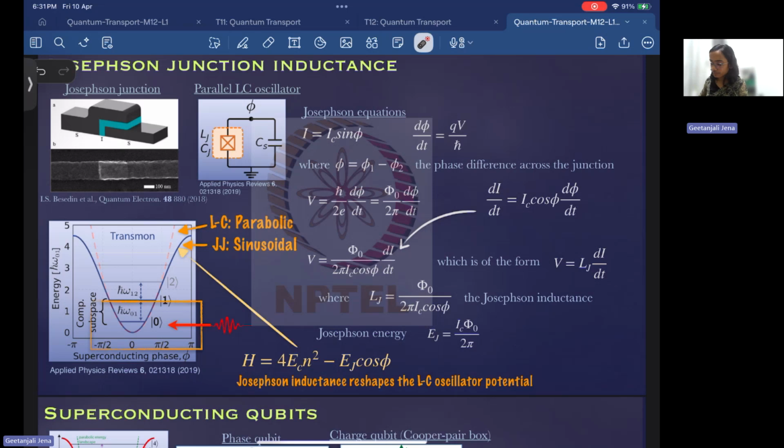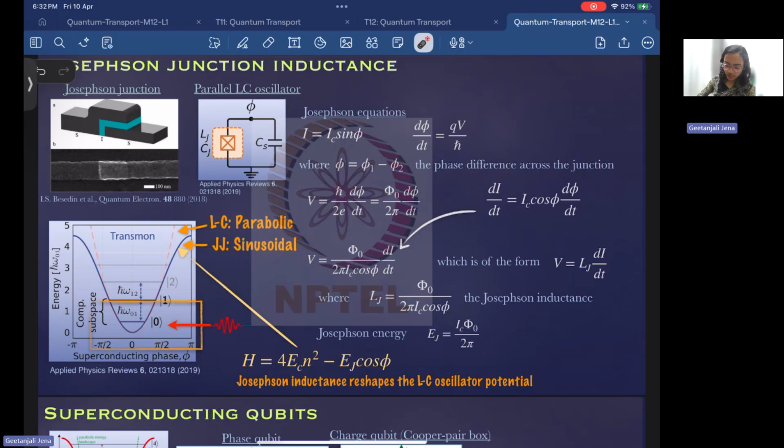If you do that, di by dt will be nothing but Ic cos phi d phi by dt. And after putting this di by dt in this equation, we get that the voltage is nothing but this value times di by dt.